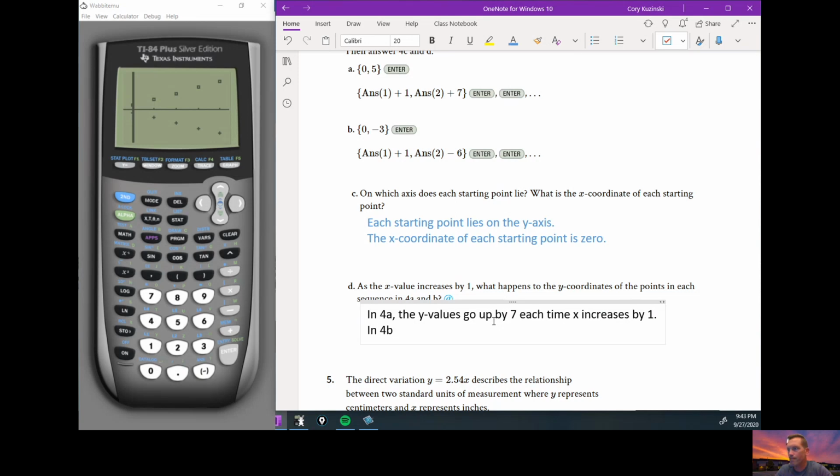In 4b, the y values go up, no, they go down by 6 each time x increases by 1.